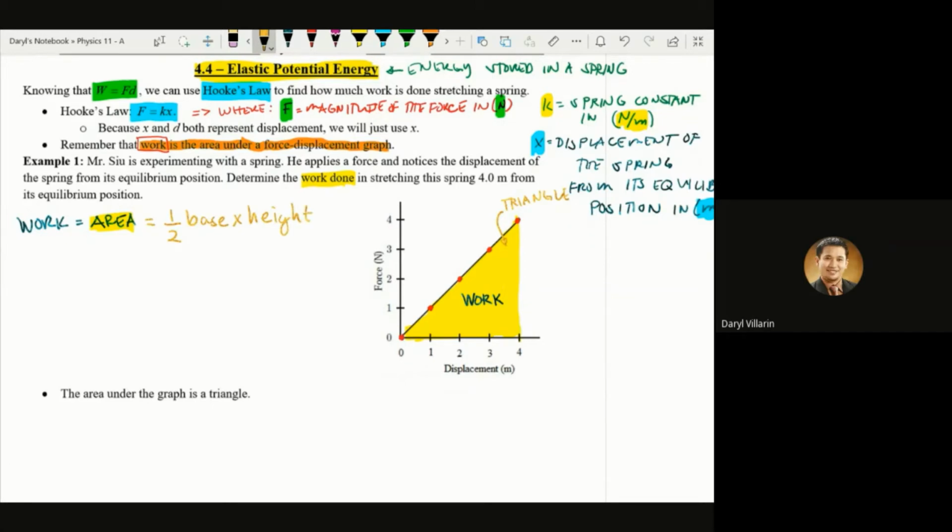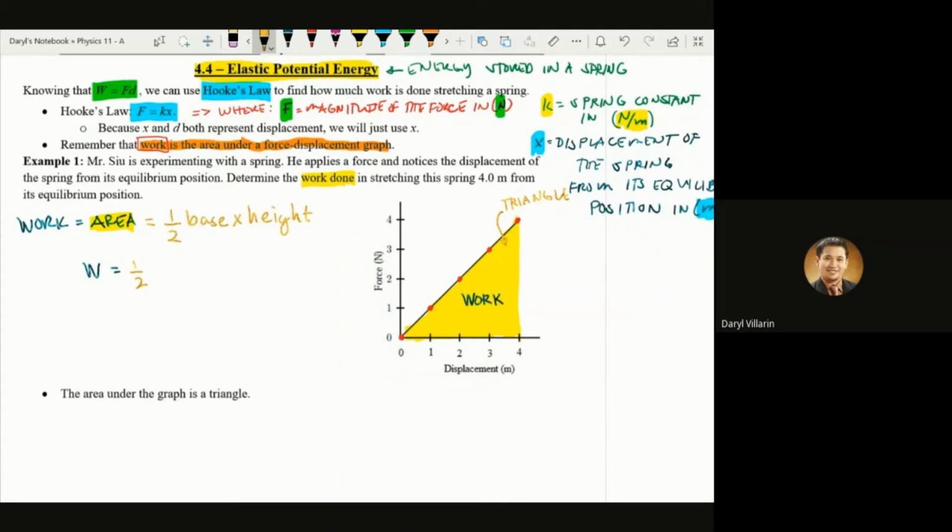We get the area of the triangle by multiplying its base times the height divided by 2. So therefore, using that, work is equal to 1/2.